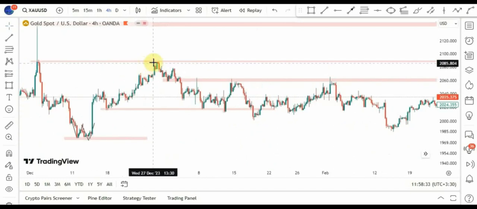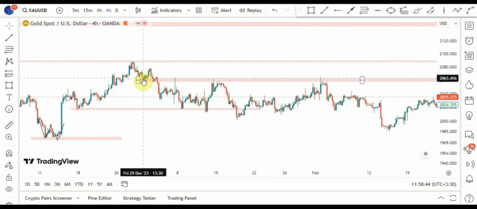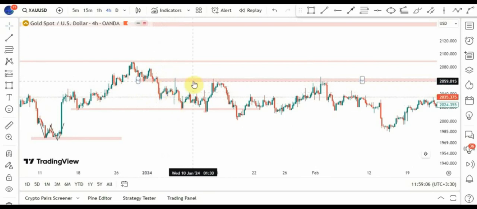And when it came down, around 2060 on the way down, gold had a rest, and then for the second time tried and broke the zone to the below. Now this zone, 2060, is a flip zone. When price tries to go up, it touches this zone, 2060, and goes back down.